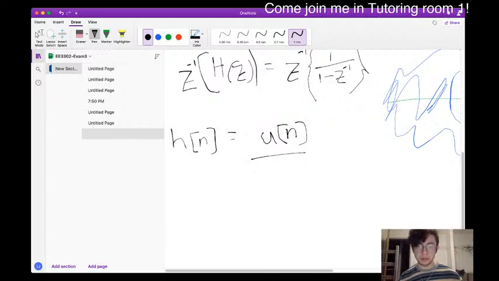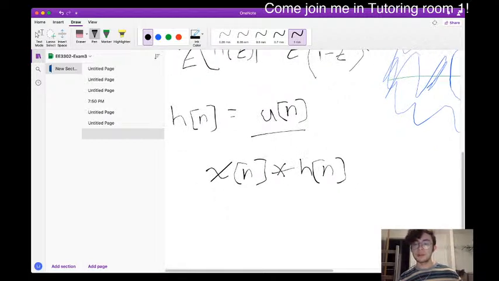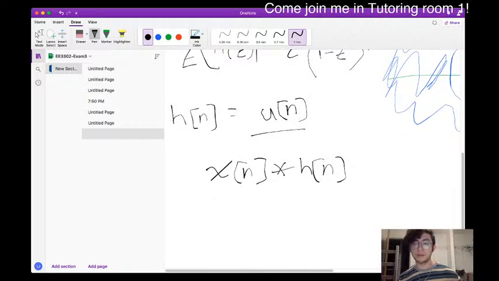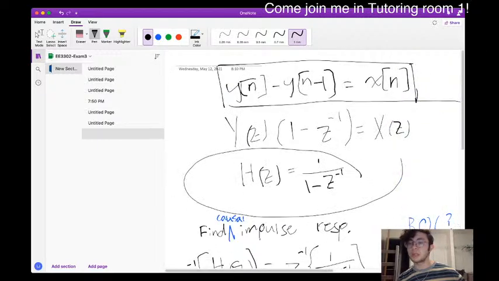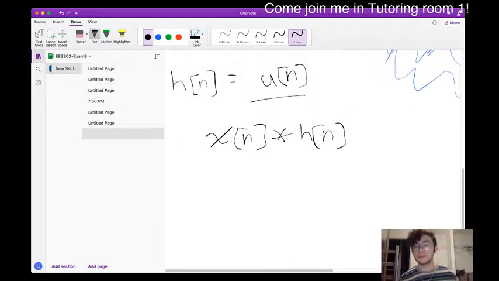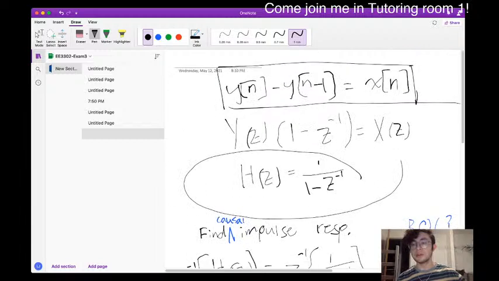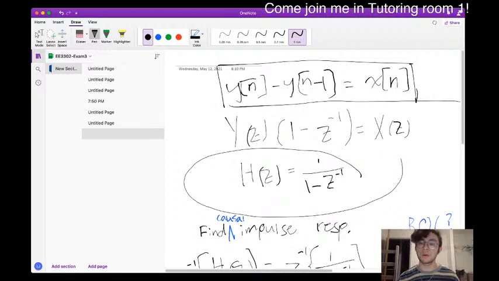We convolve it. If we have some signal x[n] and we convolve it with h[n], this gives us the same thing that we would get if we applied this process over all n. That's pretty huge, because depending on your problem, this one could be easier, or that one could be easier. It really depends on what you're working in.